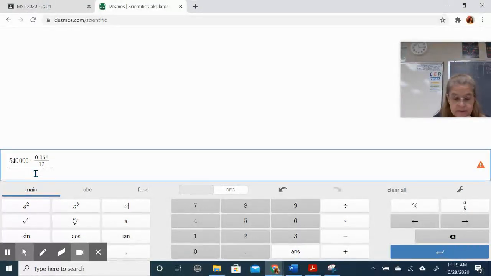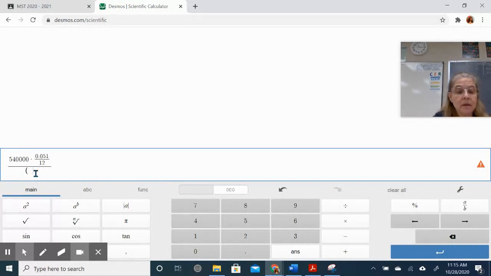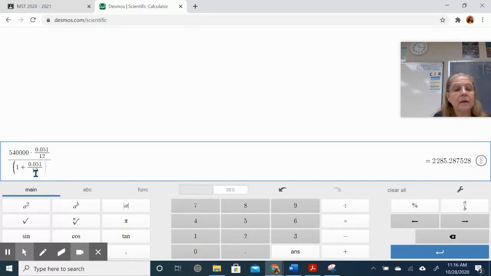So everything that was still remaining on the right side of the equal sign is the 1 plus 0.051 divide by 12, and that was raised to an exponent.